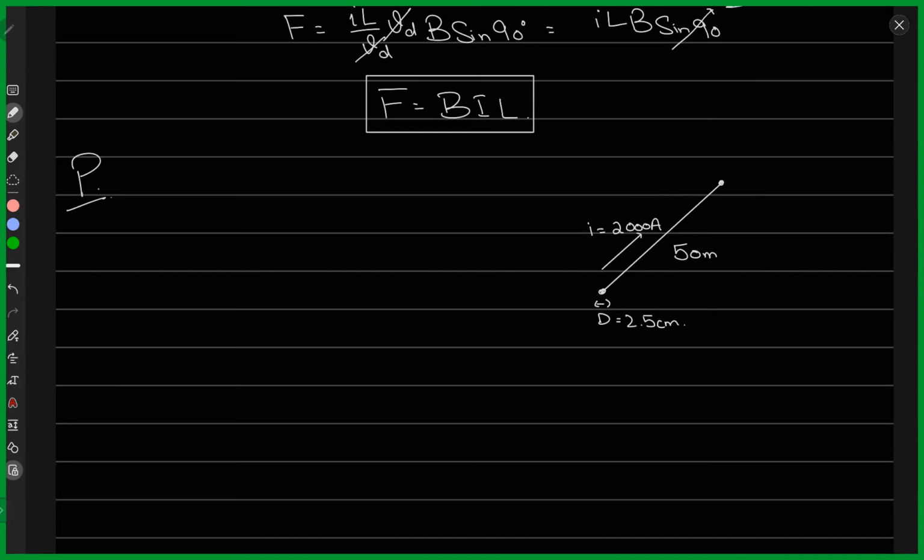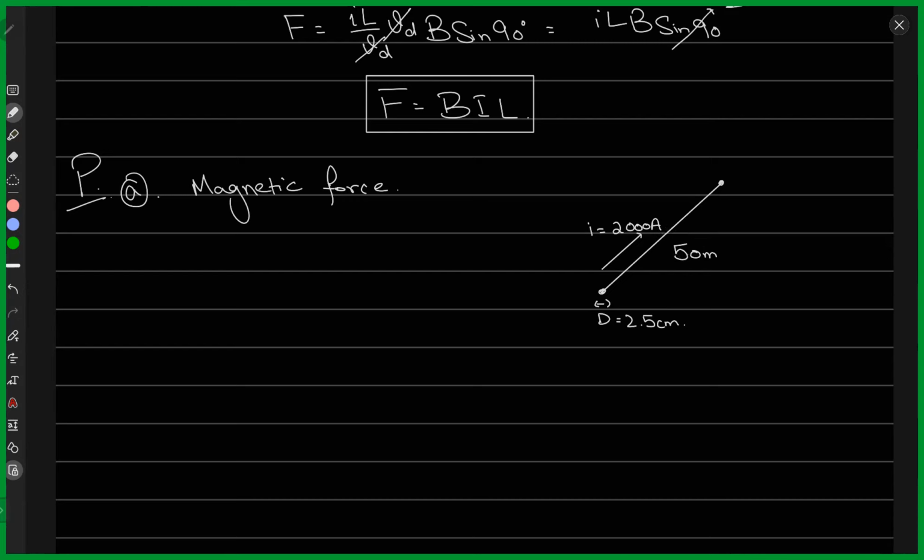Right. Now let's first calculate the magnetic force on the section of the cable between these 2 points. What would be the magnetic force? There would be a magnetic force even due to the Earth's magnetic field, right?